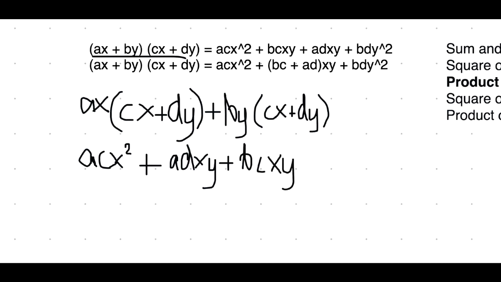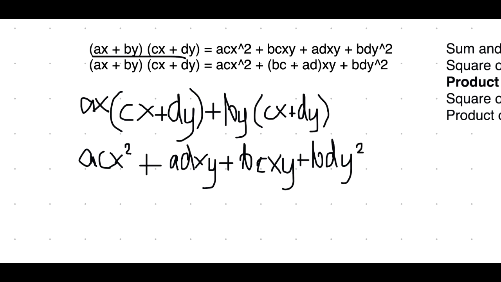And then by multiplied by dy, then b and d cannot be multiplied by each other, so it's just b times d, but y and y are the same term, so then it becomes bd y squared.